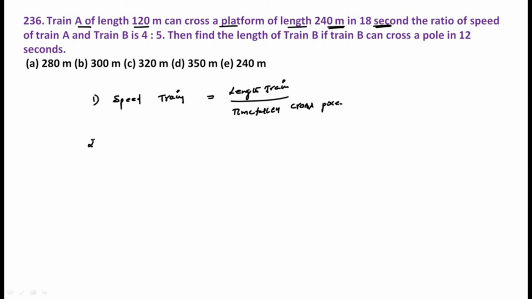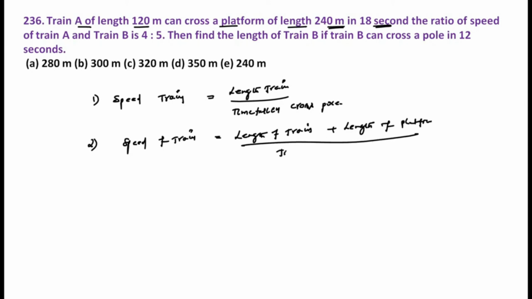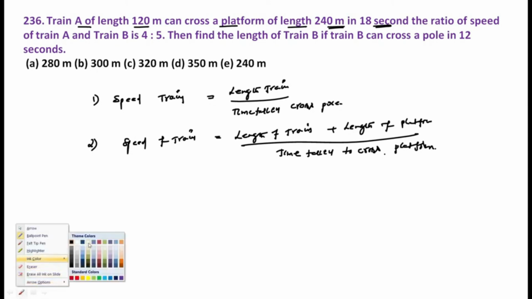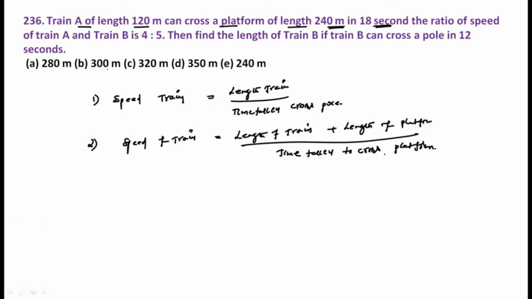There is another way to calculate the speed of the train: the length of the train plus the length of the platform, divided by the time taken to cross the platform. If you know these two concepts, you can solve all the questions related to train based concepts.